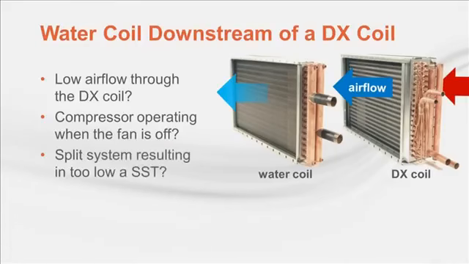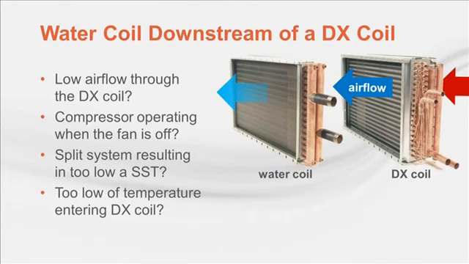Possibly a poor split system combination that can result in too low of a saturated suction temperature. Or a mixed air temperature that is too low. This can happen with integrated airside economizer control or in a process cooling application. For this situation, always protect a water coil located downstream of a DX coil with a freeze stat, or use antifreeze at a concentration sufficient for freeze protection.